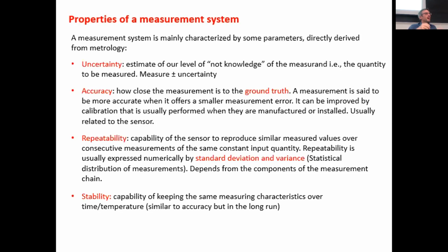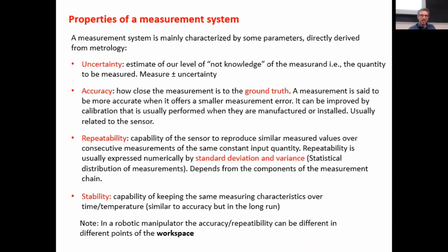This was heating up the component, and after a while there was a drift in the measure due to the heat. Or the sensor could wear out, could become old, the plastic could get old. So you can have different measurements at different times. An important point in robotic manipulators is that accuracy and repeatability can be different in different points of the workspace.